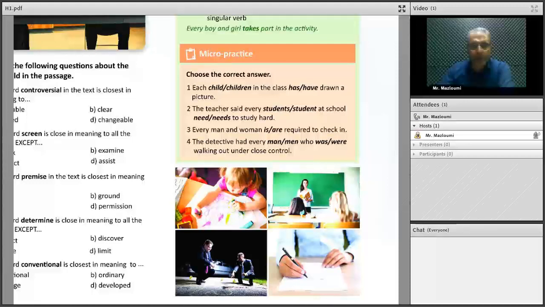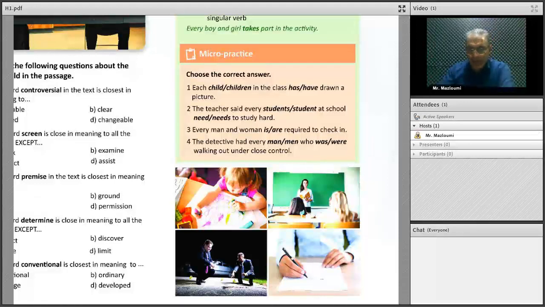Has drawn a picture. Number two, the teacher said every, again, every, after every we use a singular countable noun. Every student at school, the verb should be singular, needs to study hard.